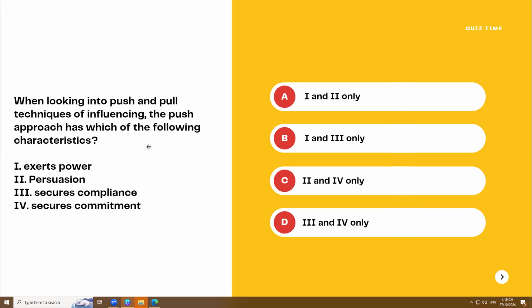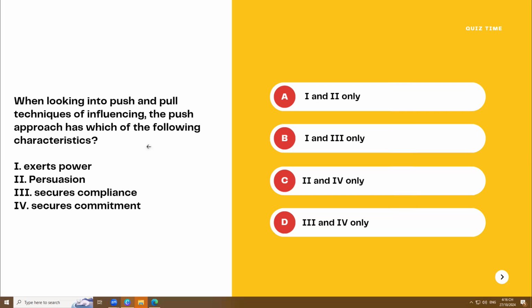But in the wider context of this question, where we have four options, exert power, persuasion, secure compliance, secure commitment, compliance and power have more characteristics of push, while persuasion could be more pull.